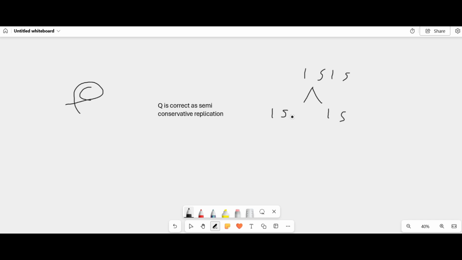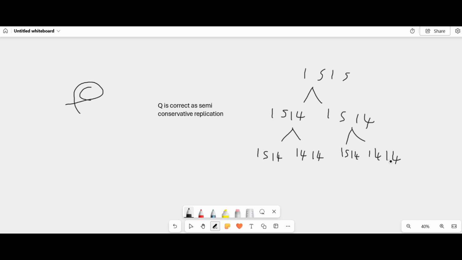When it makes a new strand, that's going to be 14 because it's in a 14 environment. So that's 14 there as well. Now when it replicates again, 15 gets used as a template, 14 also gets used as a template, and 14 adds because it's in the 14 environment, another 14 adds as well. So 15, 14, 14, 14. That's what's going on here, and that's why there's that number of peaks in the diagram. So Q is correct, semi-conservative replication.